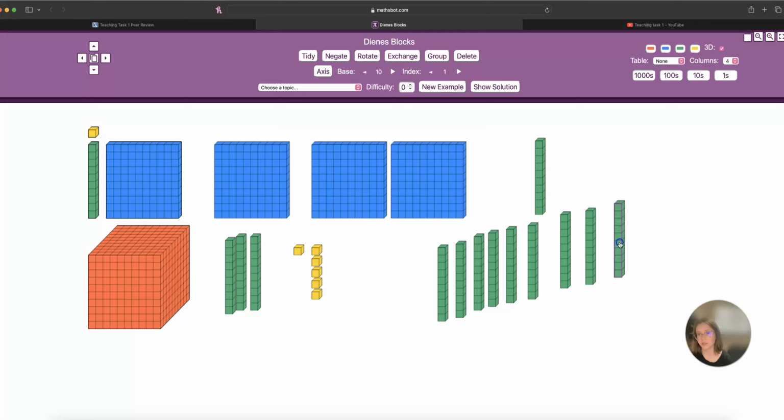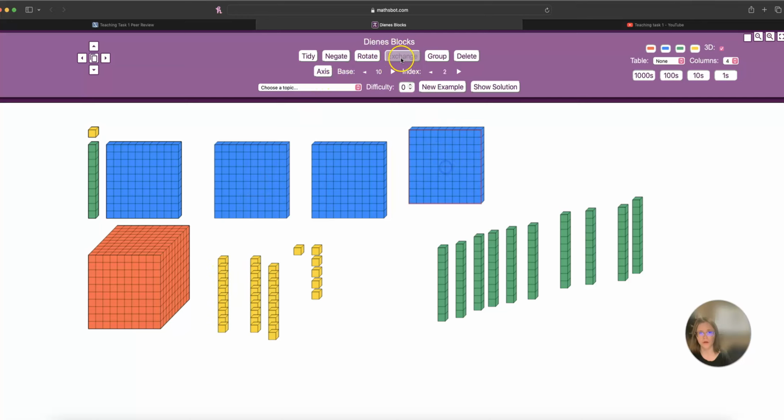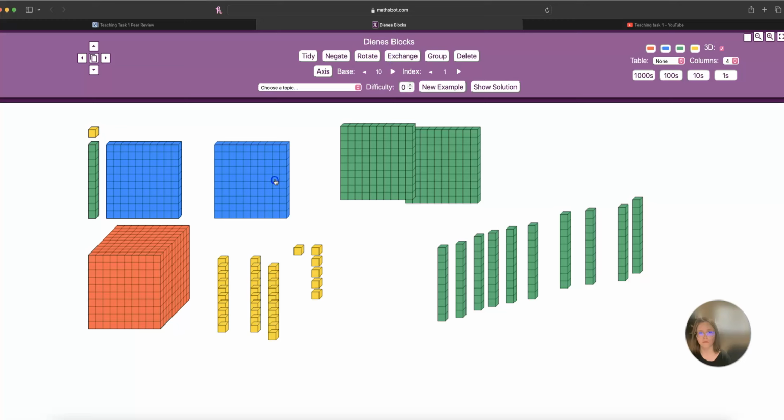And we can exchange one long for some small cubes. Like I said earlier, we can just keep going until they're all small cubes, or until we have nothing but longs. This is a silly representation.